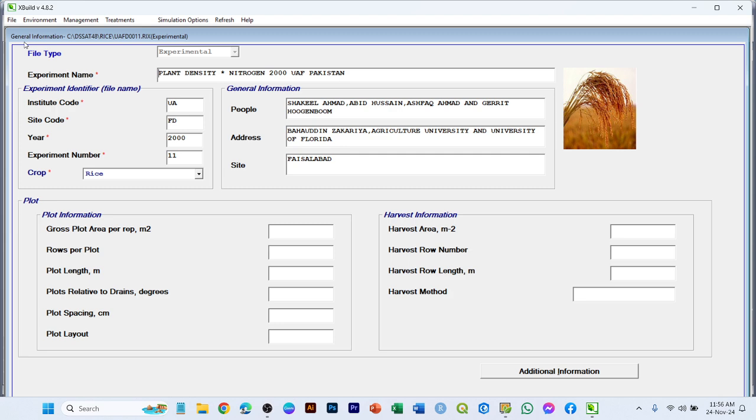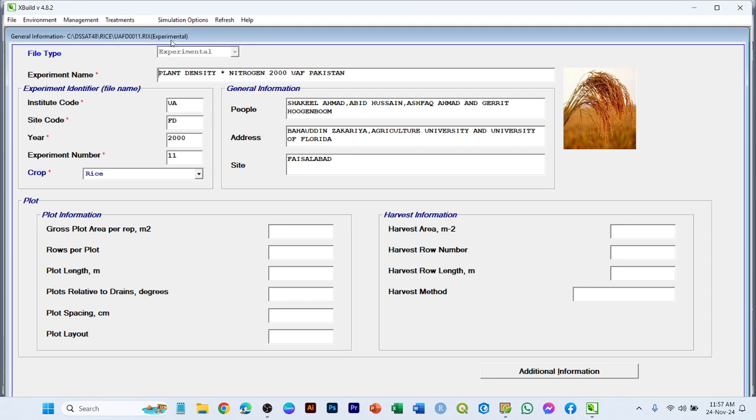Experiment file is also considered to be X file. So you can see over there, this is the path within the drive of this PC, meaning C, DSAT drives, this experiment, and this is the experimental file.